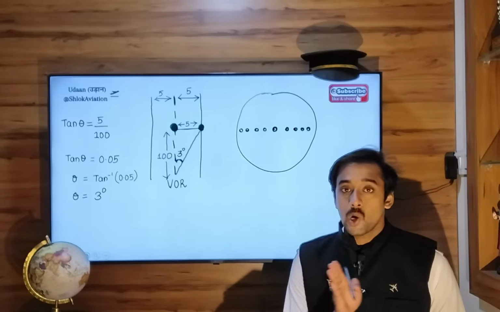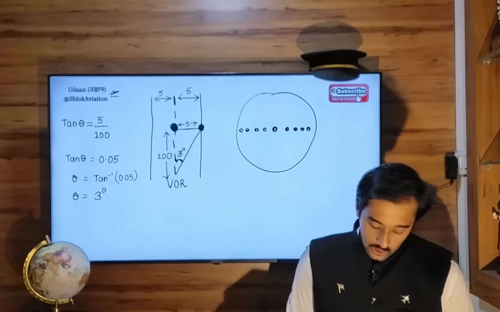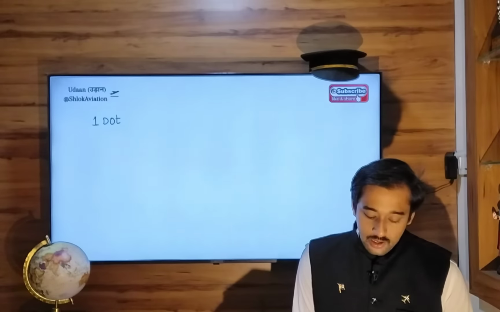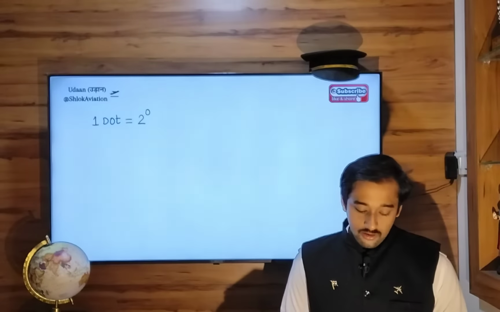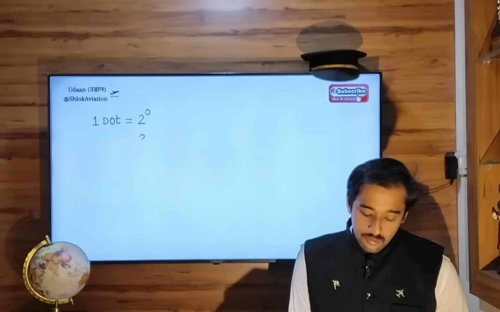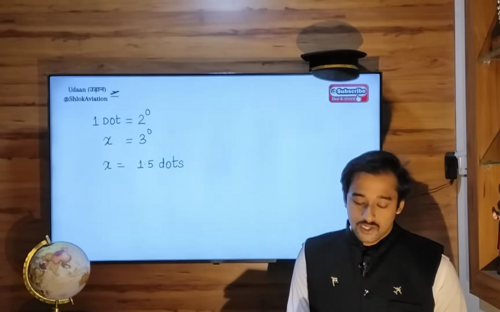Now by how many dots? Left hand side. Now one dot is equal to angular difference of 2 degree. Now we have an angular difference of how much? 3 degree. So 3 degree will be represented by how many dots? It will be represented by 1.5 dots.